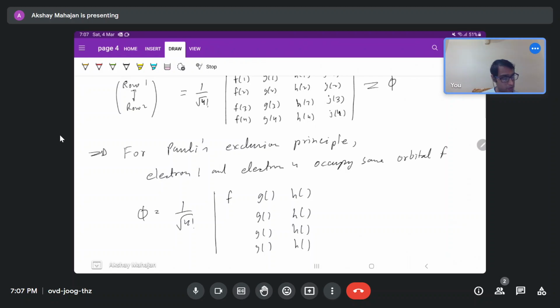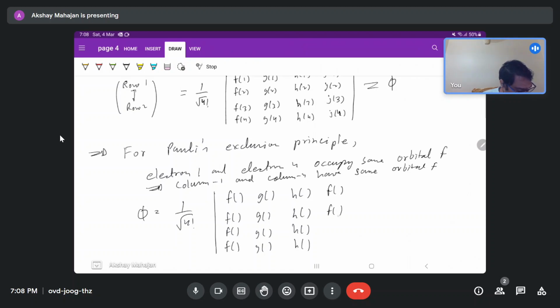Now, electron 1 and electron 4 occupying the same orbital means column 1 and column 4 have the same orbital f, because columns are for the orbitals. So we make our first and fourth columns the same orbitals, and in the rows we put our electrons 2, 3 and 4.